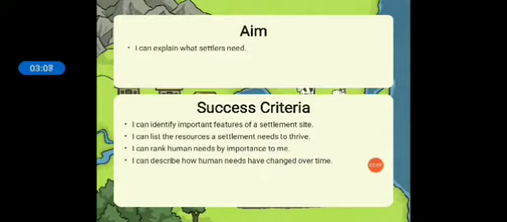And then the last thing you will know is that you will be able to describe how human needs have changed over time. In that, you will imagine what human needs were maybe 100 years back, or 10 years back, or maybe 1,000 years back.